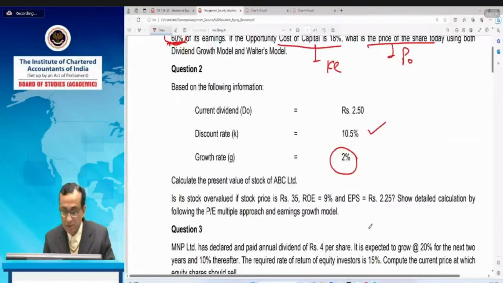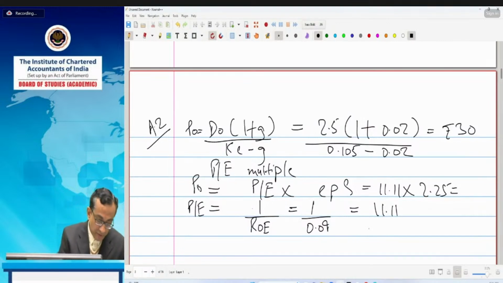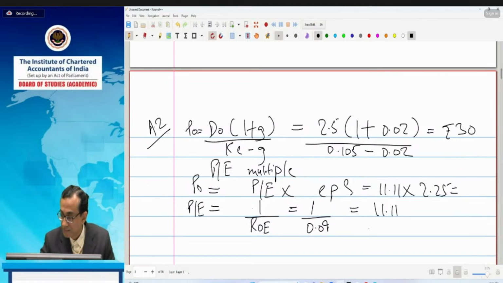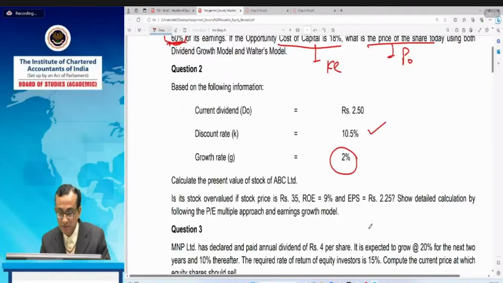EPS is already given, 2.25. So 11.11 multiplied by 2.25 is actually coming to 25. So this is the P0, 25. So can we say, is the stock overvalued in this case?